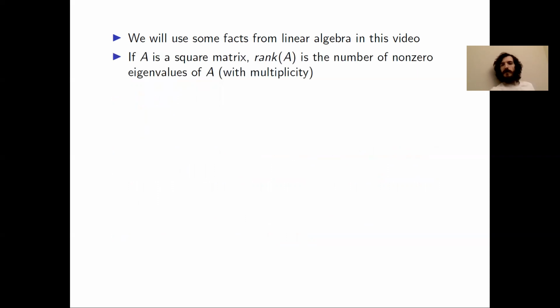The first fact is that if you have a square matrix A, the rank of that matrix is the same as the number of non-zero eigenvalues with multiplicity.